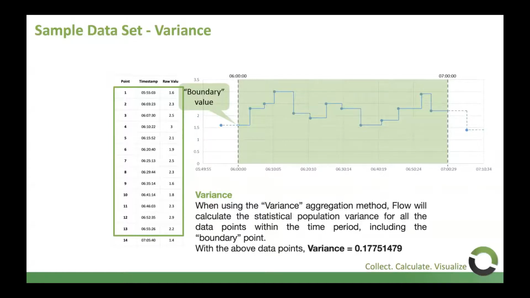So we do not take a sample set of the values in the hour, which is what a standard deviation or variance aggregation method would do. We will take all of the points in our sample set, including the boundary value, to perform our variance.